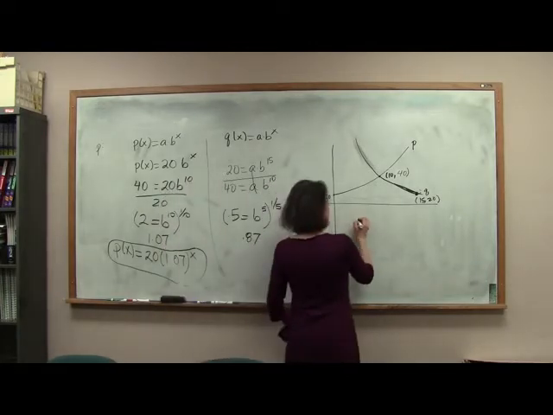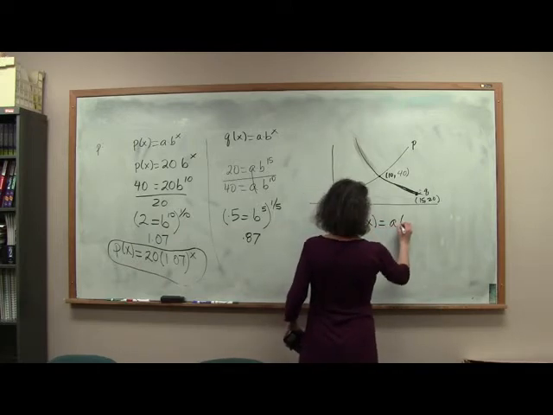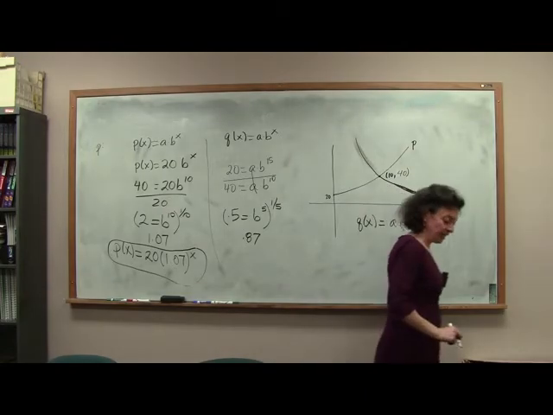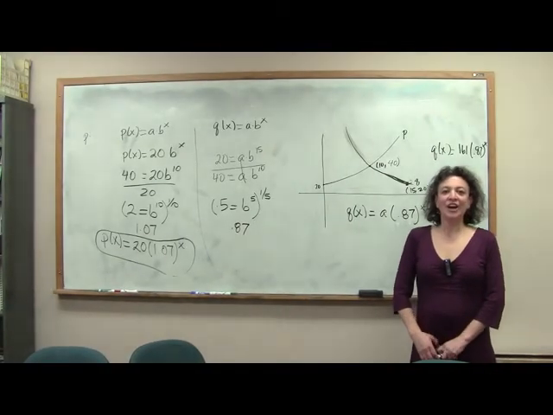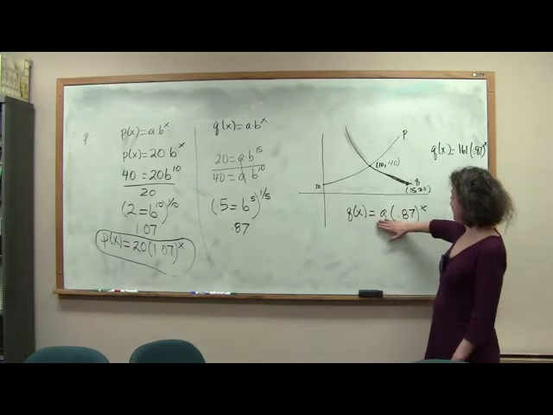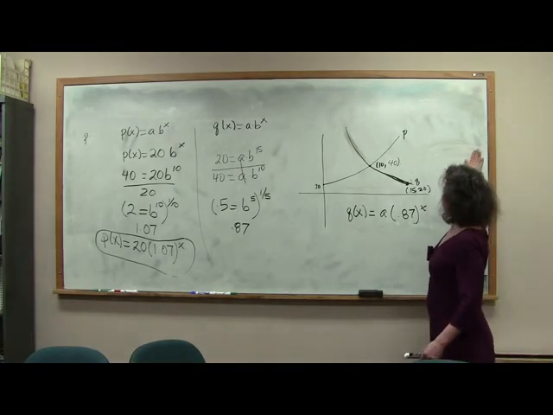So at this point, I know that q of x is a times 0.87 to the power of x.